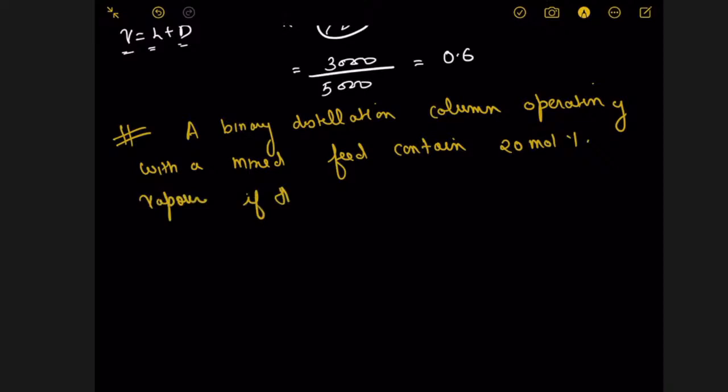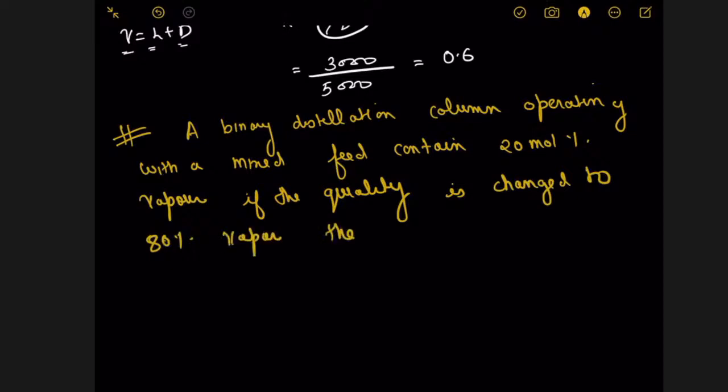If the feed quality is changed to 80% vapor, the change in the slope of Q is?